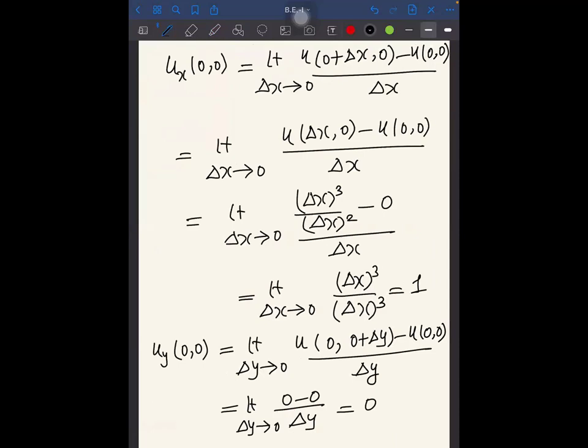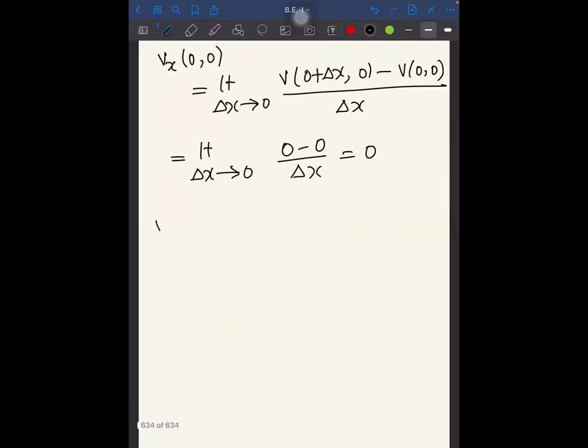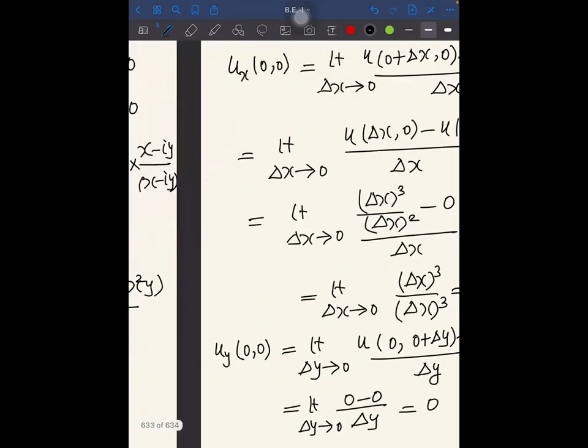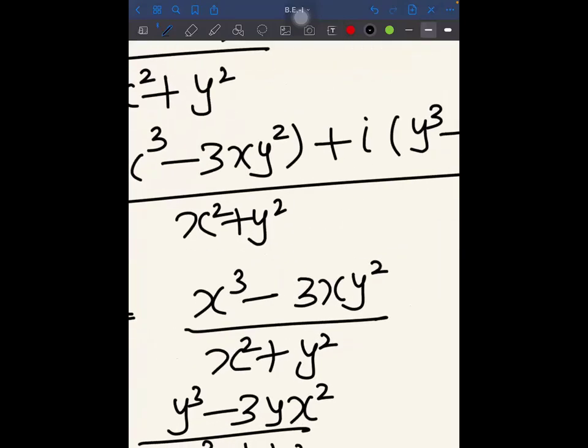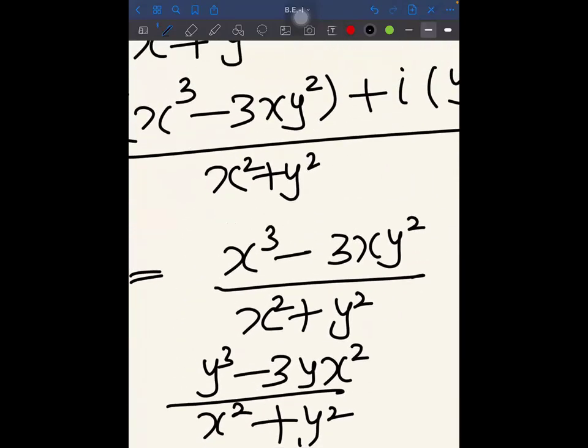Okay, so next you take vy, right? So your vy is limit delta y goes to 0 of v(0, 0 plus delta y) minus v(0, 0) upon delta y. Again, you need to take the expression of y, not of x, so you keep x to be 0.